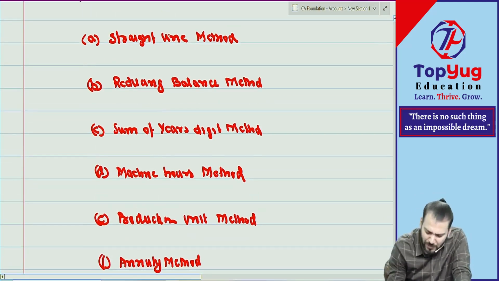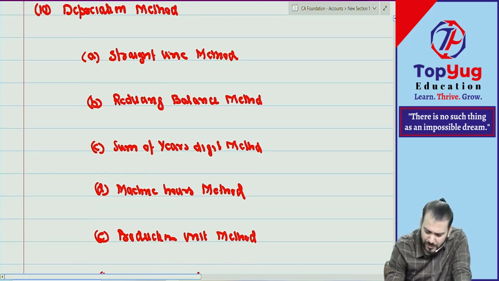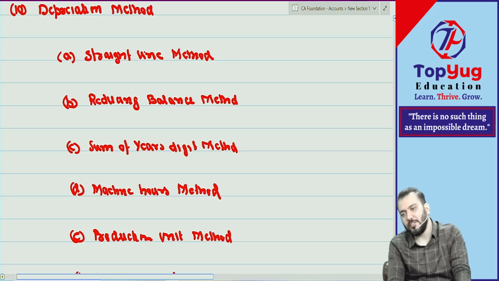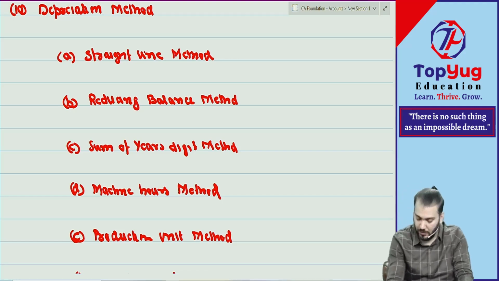I think this annuity method is also deleted now from the syllabus. The sinking fund method was also there, that is also deleted.